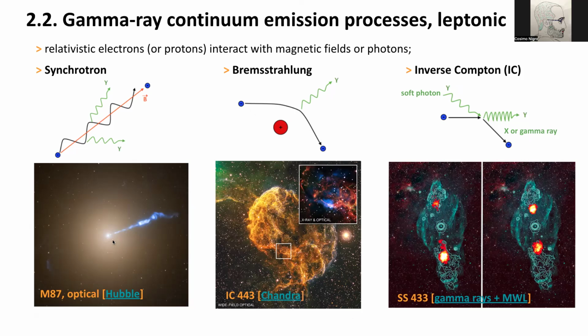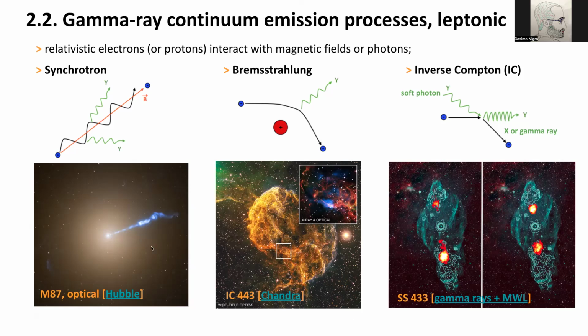So we already discussed M87. You see here a shell of a supernova remnant, IC443, and in a small place of the shell, you can possibly see this bremsstrahlung emission in X-ray. And here you can see the very impressive image of gamma rays in the jets of this binary system.